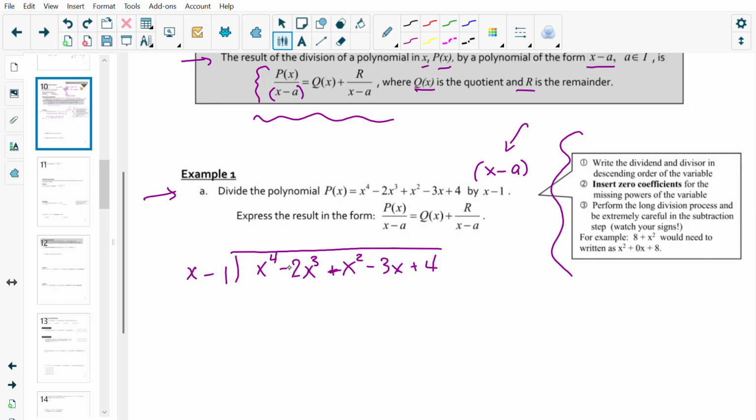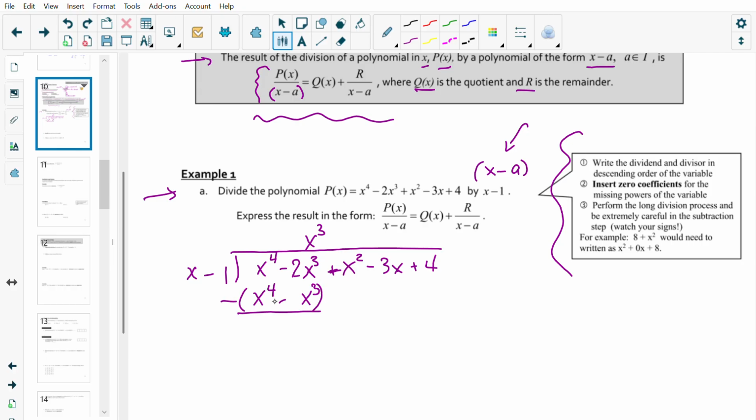And x minus 1 goes into x to the fourth, x to the 3 times. So I'm going to put an x to the 3 here where I'm matching all the powers. X minus 1 times x to the third, that's x to the fourth minus x to the third. And remember, we are subtracting these. I'm going to put brackets around here.